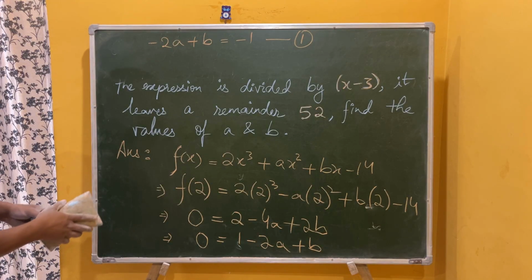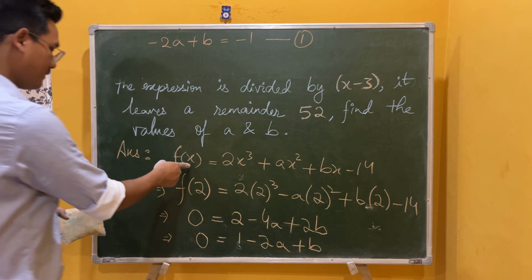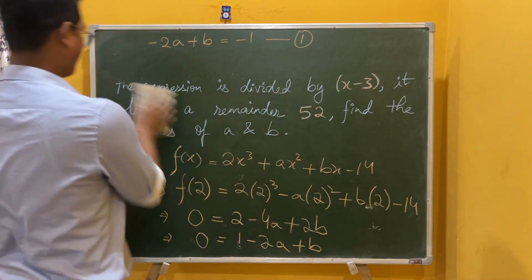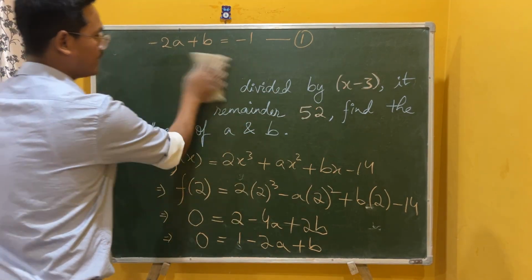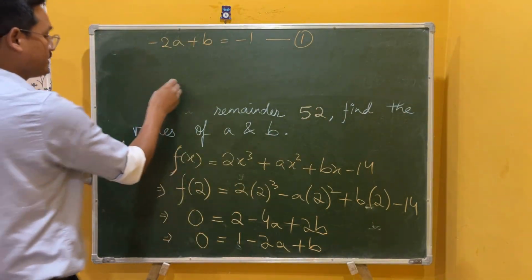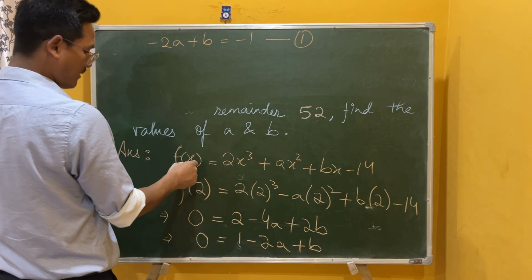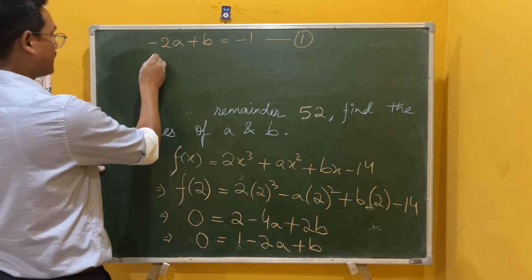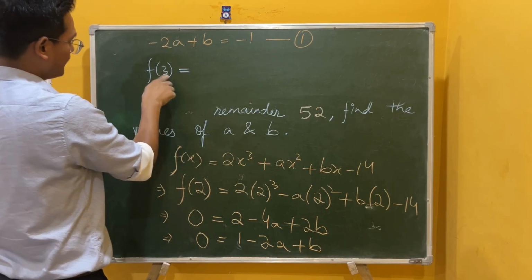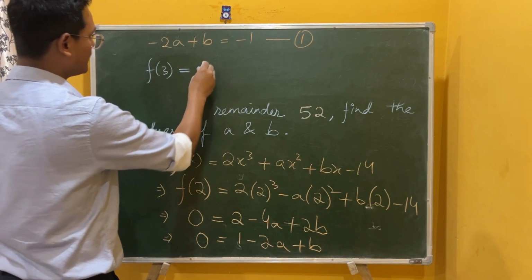Okay. Next, if you divide the polynomial by x minus 3, the remainder is 52. Remember that. So that means if you divide the polynomial by x minus 3, the remainder is f of 3, and you know the remainder is 52.